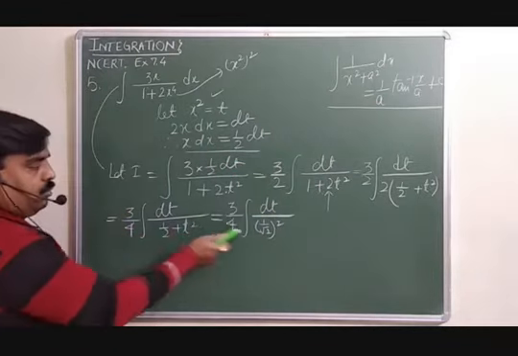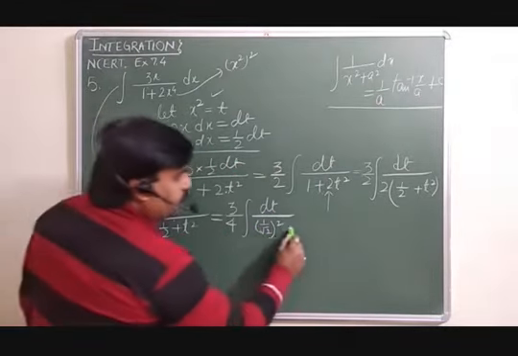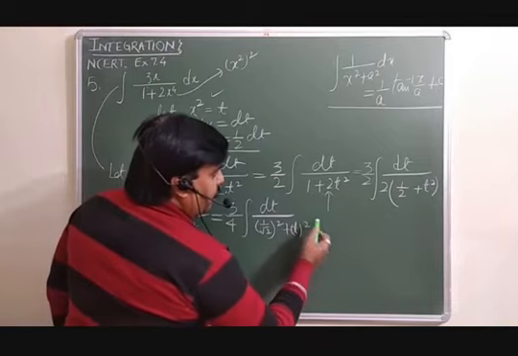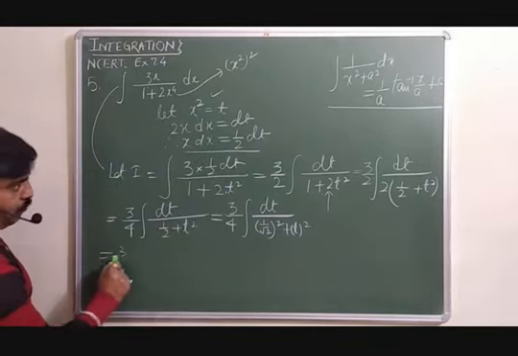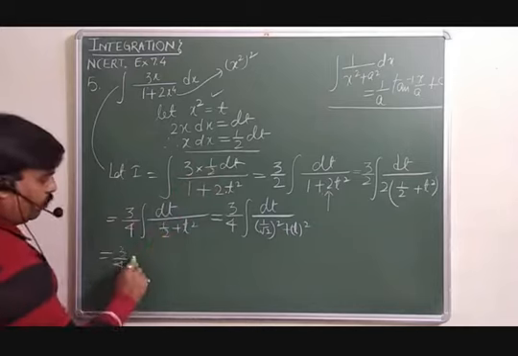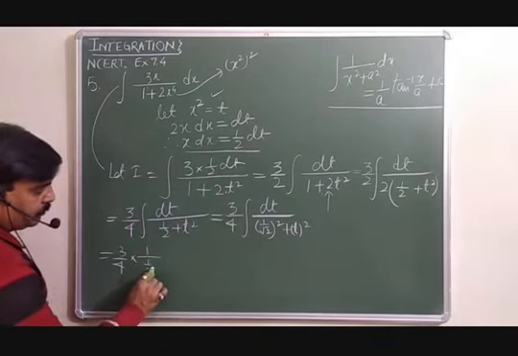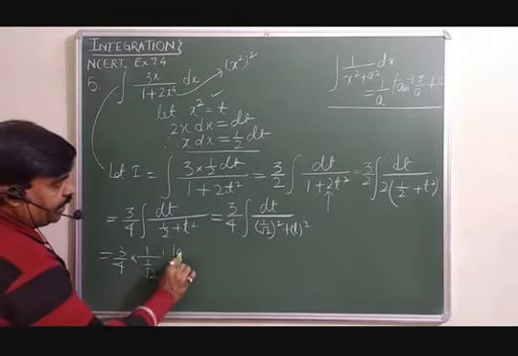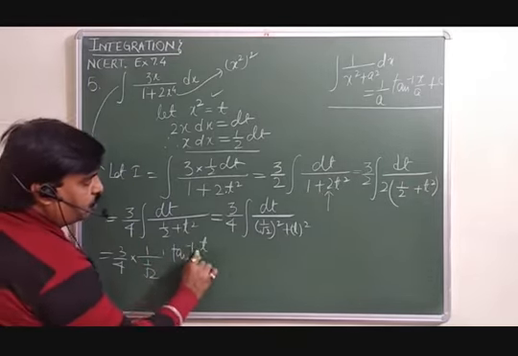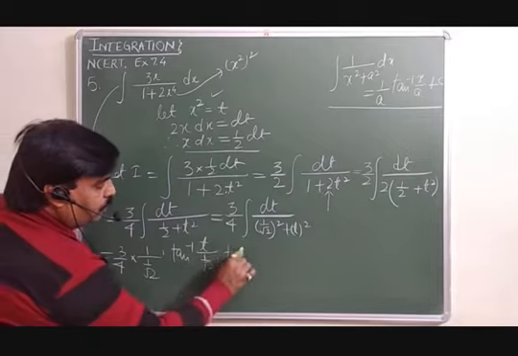So 1 over 2 is the square of what? 1 over root 2, and this is your t. Now you can apply the formula. This is your 3 by 4, and 1 over a is what? This is 1 over root 2 into tan inverse t over 1 over root 2 plus c.